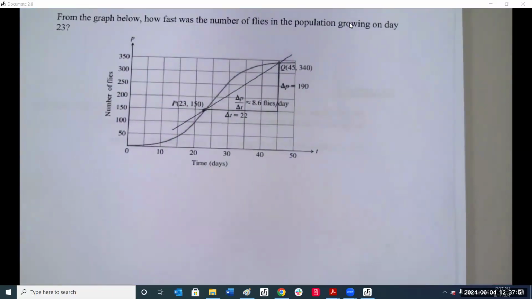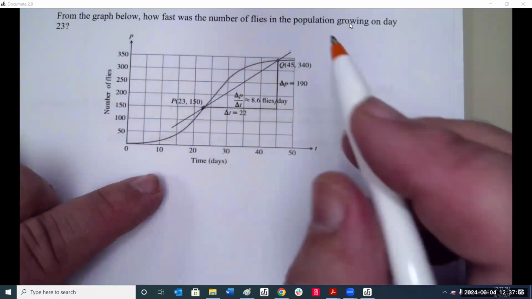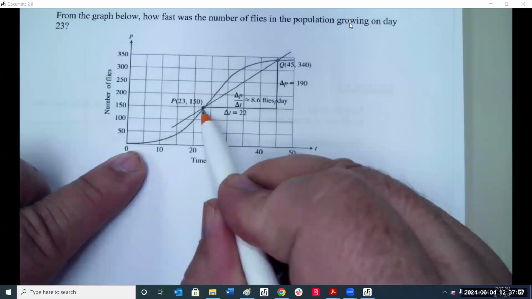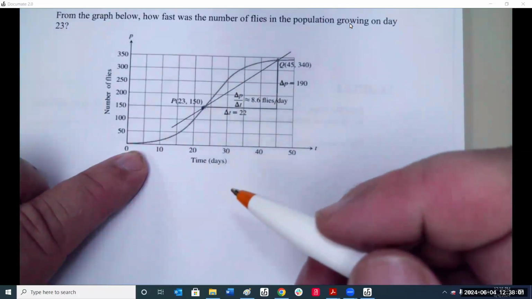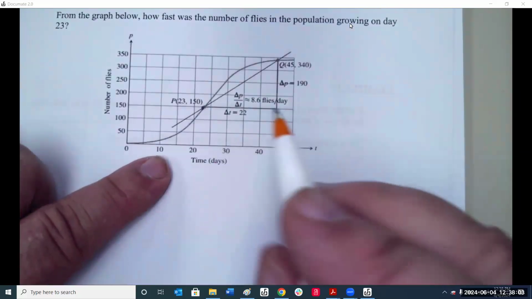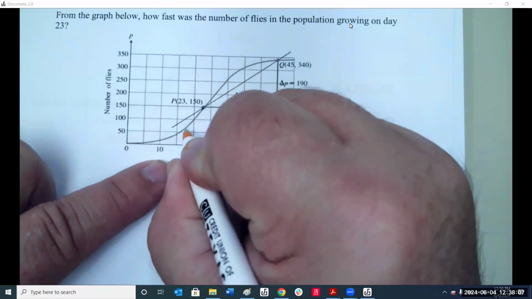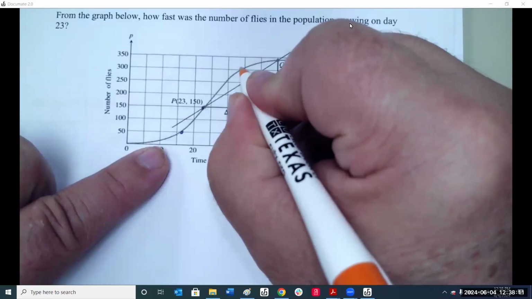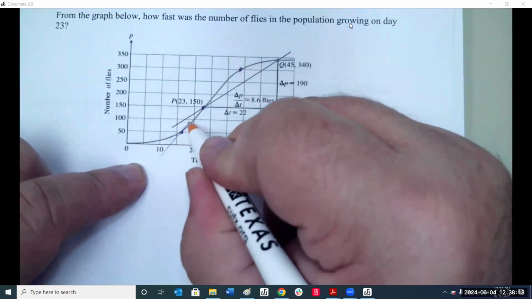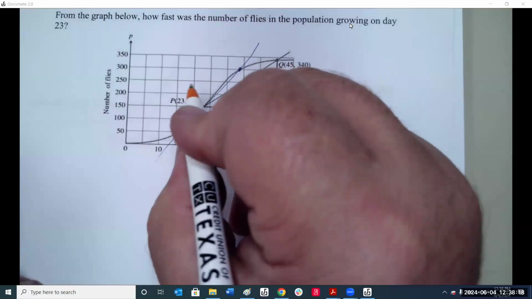Now, for example 5, we have to first pick 2 points that are not on 23. You pick 2 points, let's say that one and that one, and find the slope of that line. Then let's get closer.